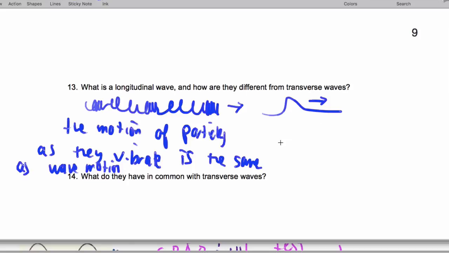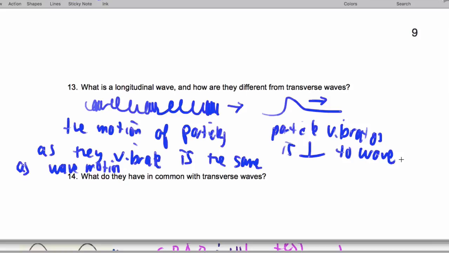And for transverse waves, the particle vibration is perpendicular to the wave.